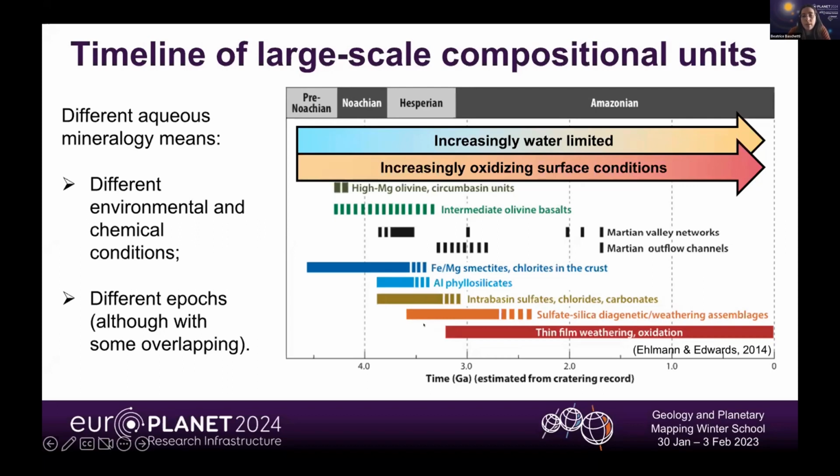That means the environment started to dry up, to become increasingly water limited. And later in the history of Mars, we don't have sulfates anymore. We have oxides, so the environment also started to become increasingly oxidized. Knowing and studying the mineralogy is essential to study the history and evolution of the Martian environment and climate.